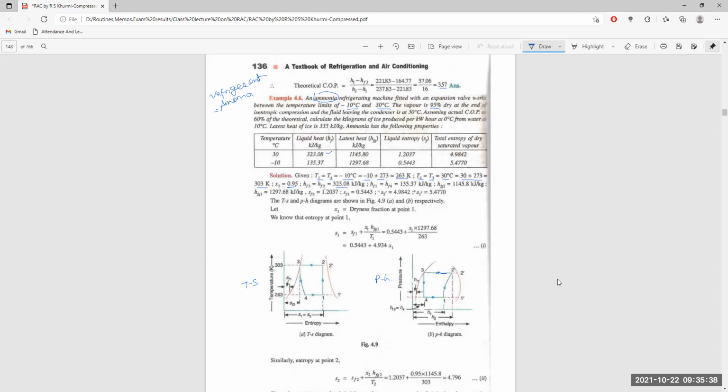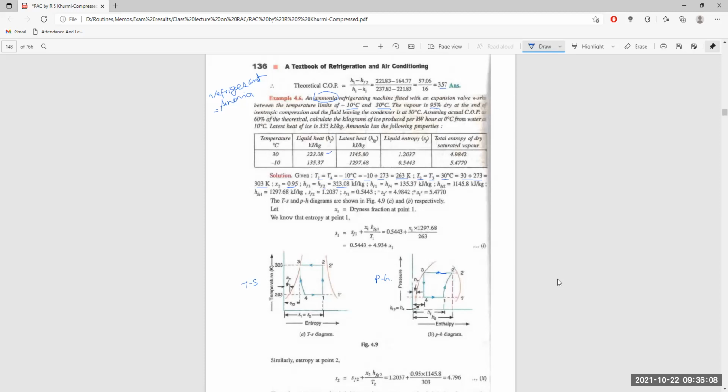That is the enthalpy given of liquid refrigerant at lower temperature, which is given here as 135.37. So both of them are equal to 135.37 kilojoule per kg.